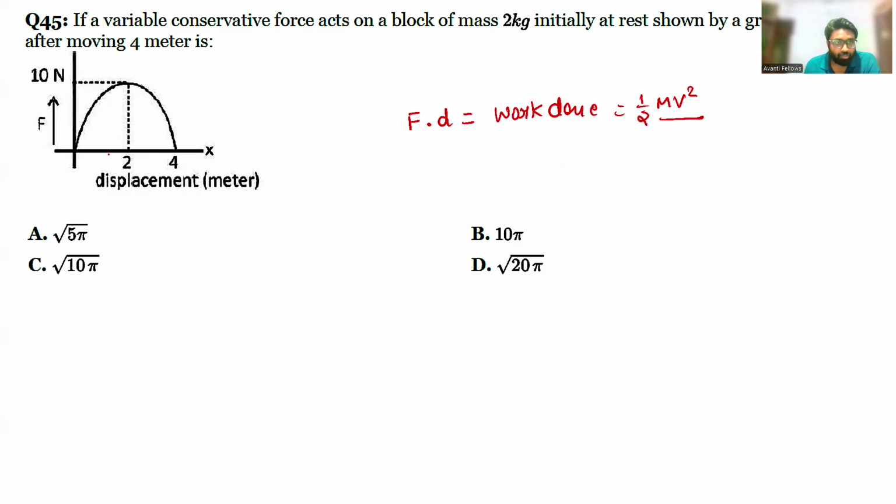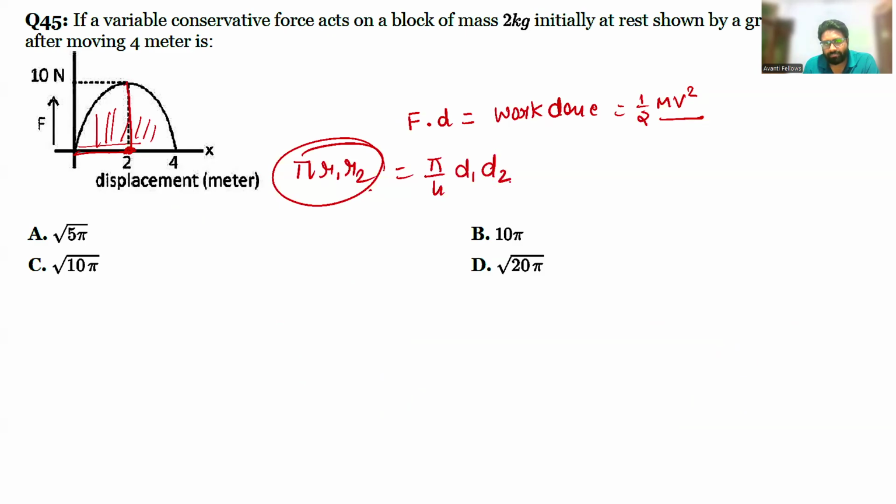But how to calculate the area of these types of graph? This is not a circle because here to here it is 2 and here to here it is 10. So the area of these types of curve is pi r1 r2, or pi by 4 d1 d2. So the area is pi r1 r2, which is the work done. r1 and r2 are 2 and 10.